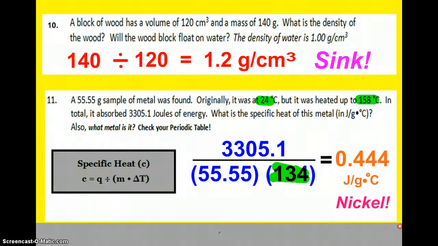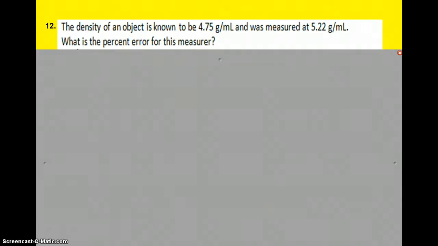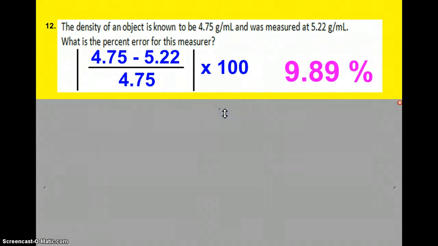Okay, moving on. Number 12, here's a percent error question. So following the percent error formula that I've given you, the actual measurement, so that's what it's known to be, that's actual. So I have 4.75 in both of the actual spots.